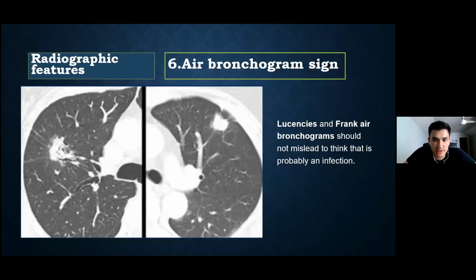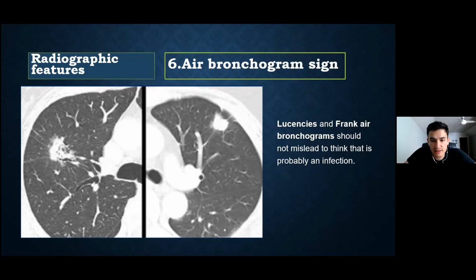Another radiographic feature is the air bronchogram sign. The nodule can have lucencies within it, and also air bronchograms. Those features should not mislead you to think that it's probably an infection. So in the left image, we are seeing a solid nodule that is heterogeneous. It has lucencies within it and air bronchograms.